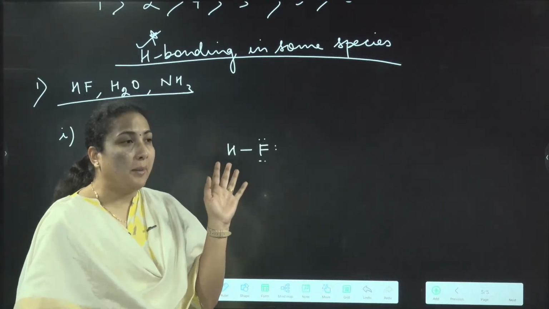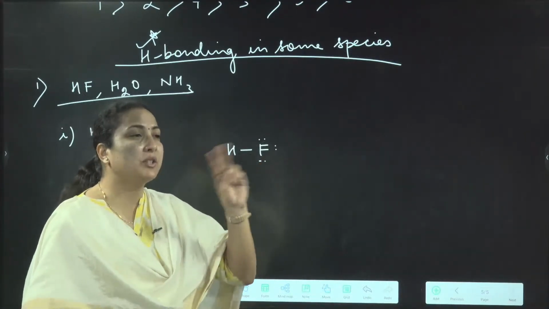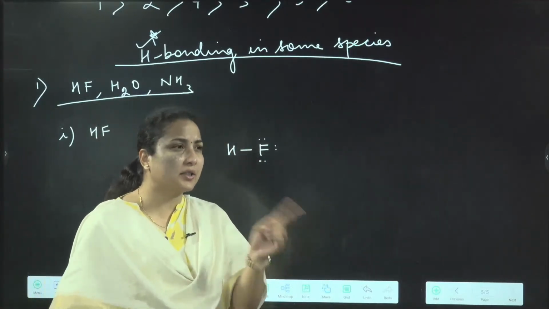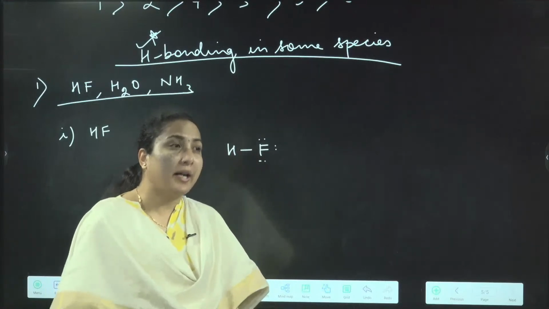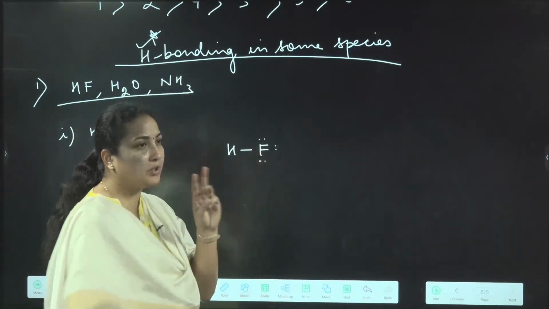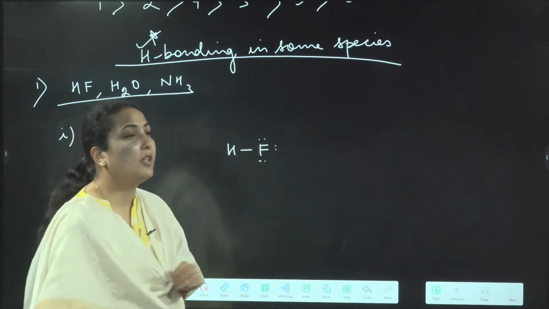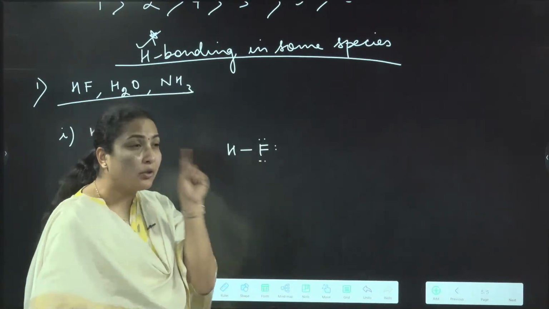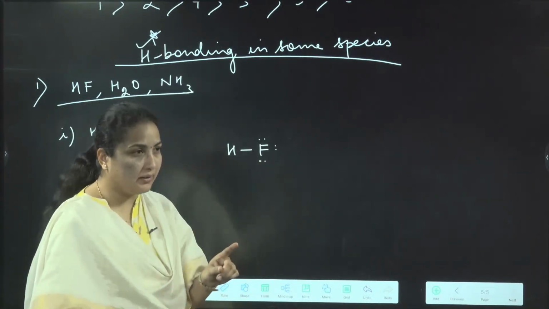Whichever number is less, hydrogen or lone pairs, will decide how many hydrogen bonds get formed. Here you have one hydrogen atom and 3 lone pairs of electrons. Out of these two, which is lesser? Hydrogen. So hydrogen is going to decide how many hydrogen bonds.